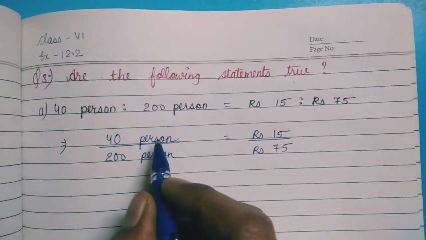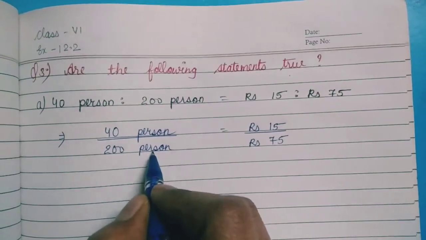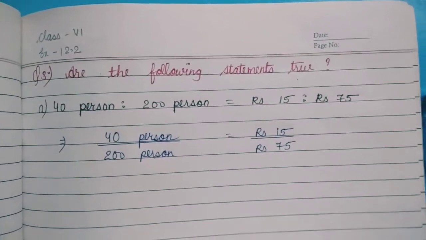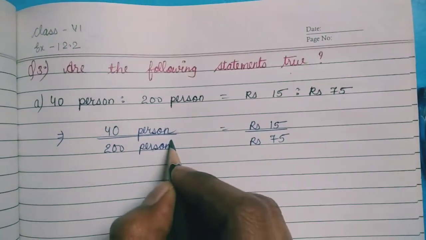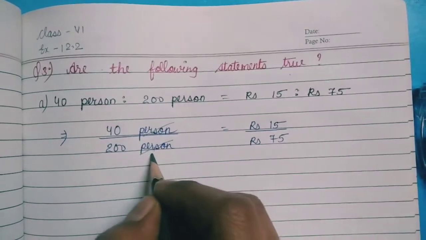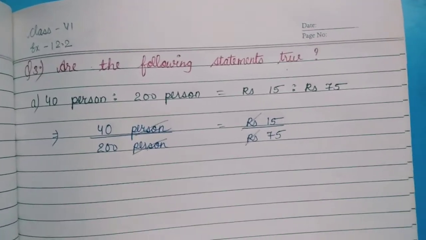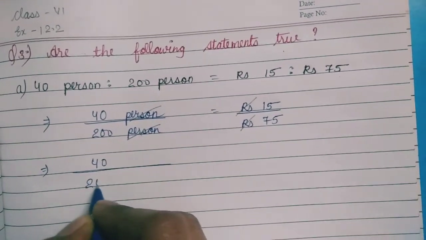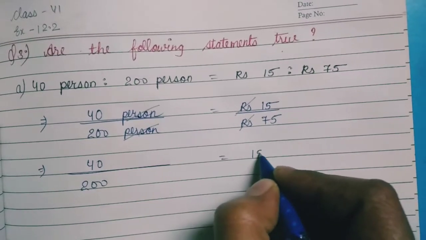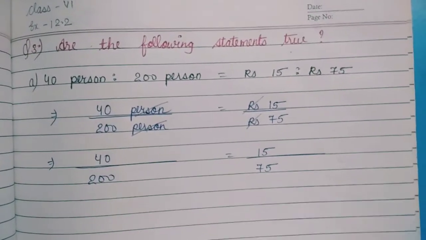You can simply see here percent, here percent, both units are the same, so for convenience we are reducing them: percent to percent cut, rupees to rupees cut. Now we have 40 by 200, and here we have 15 by 75, which is remaining.